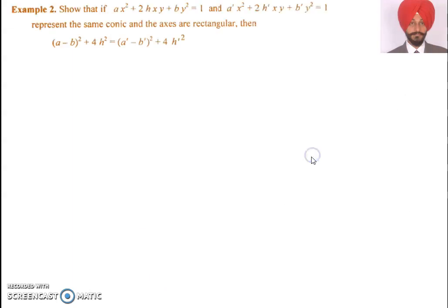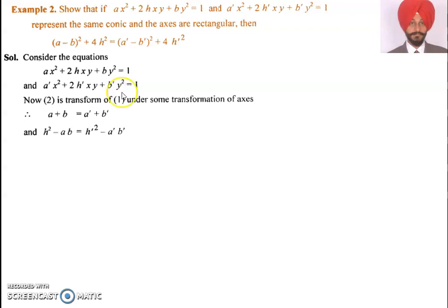So come to the next one, another example. Show that if ax square plus 2hxy plus by square is equal to 1 and a dash x square plus 2h dash xy plus b dash y square is equal to 1 represent the same conic and the axes are rectangular, then a minus b square plus 4h square is equal to a dash minus b dash square plus 4h dash square.